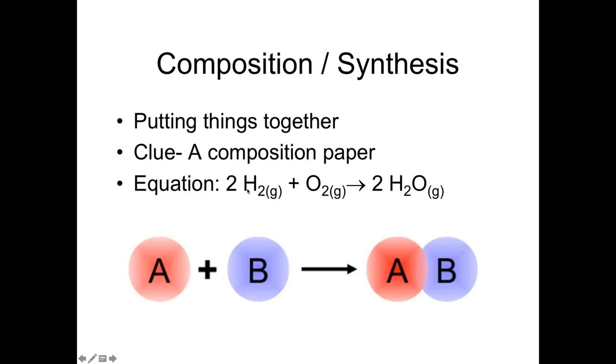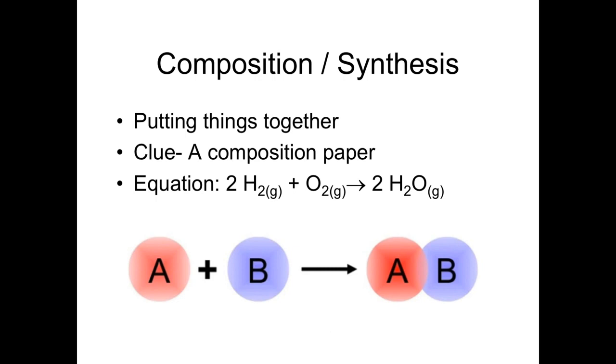So if you look at this equation here, you have two hydrogens and one oxygen forming water. And the basic setup is you have more than one reactant and it's forming one product. And anytime you have that, that's going to be a composition or a synthesis reaction.